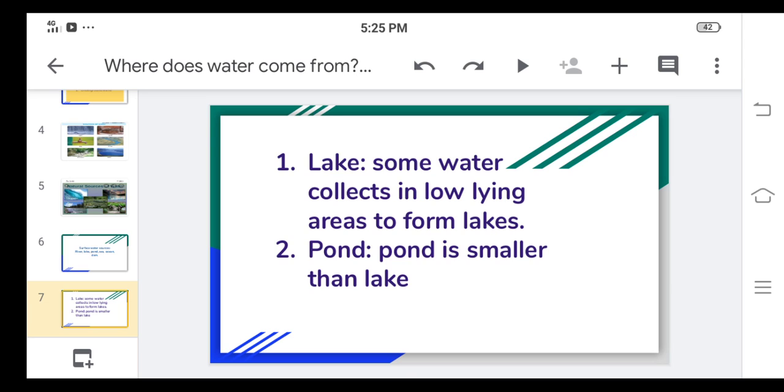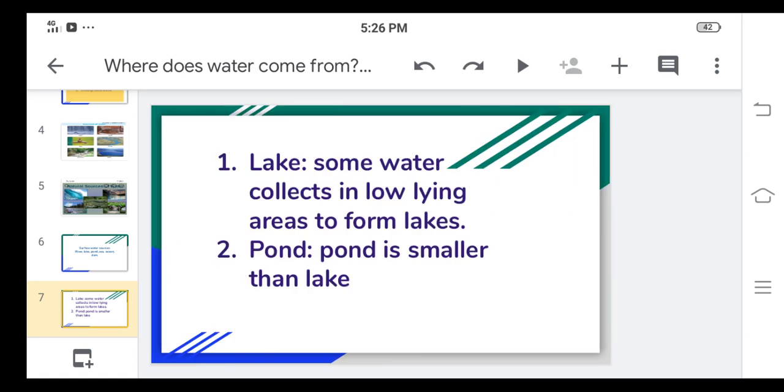The places where the surface is low-lying, a little bit lying down, when it rains, water gets collected and such lakes form. So that is a lake. Lakes are bigger and ponds are smaller.